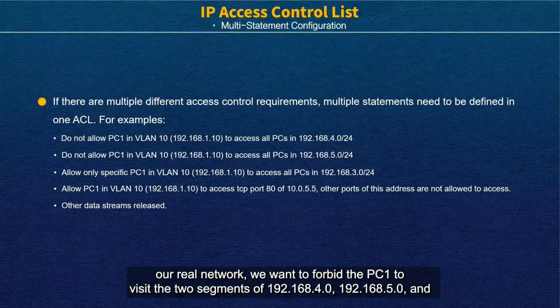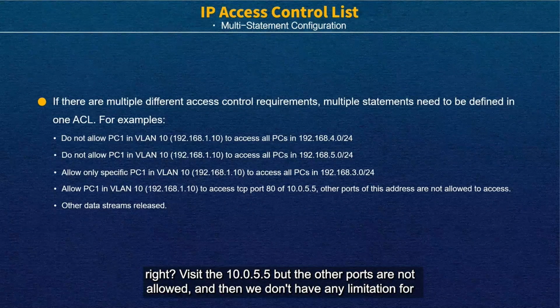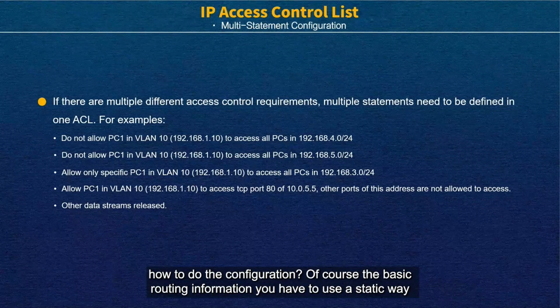We want to forbid PC1 from visiting the two segments 4.0 and 5.0, and it can visit the segment 3.0 and is only allowed port 80, which is web traffic, right? To visit 10.0.5.5, but the other ports are not allowed. And then we don't have any limitation for the other traffic. So this is a basic requirement for us. And now, if you want to meet the requirement, how do you do the configuration?